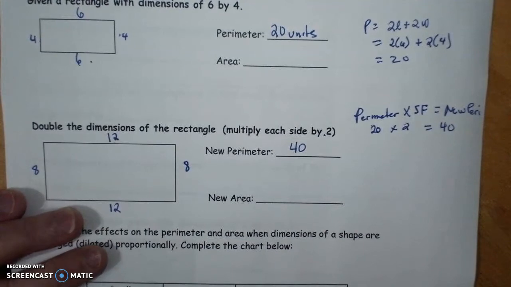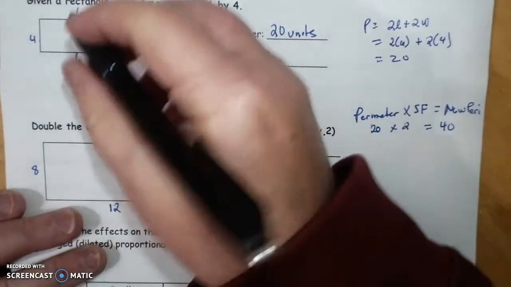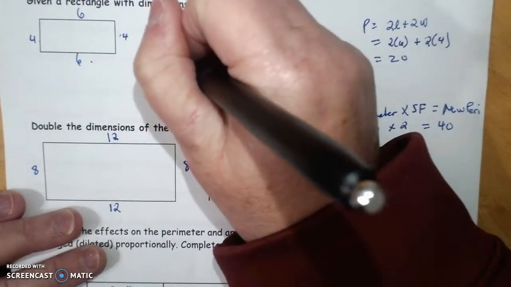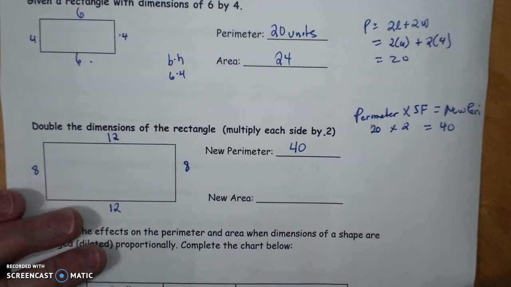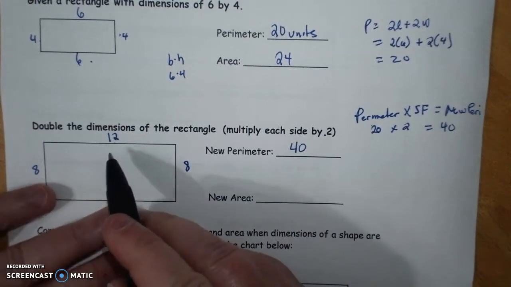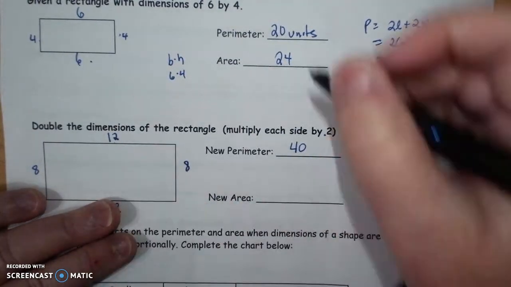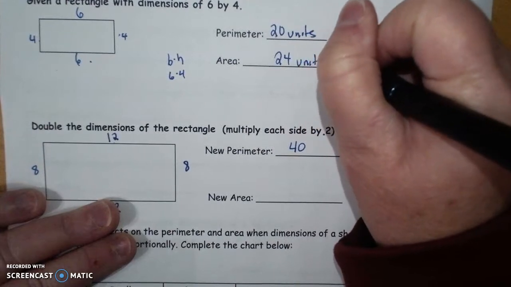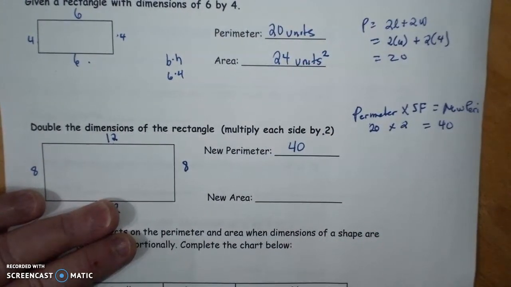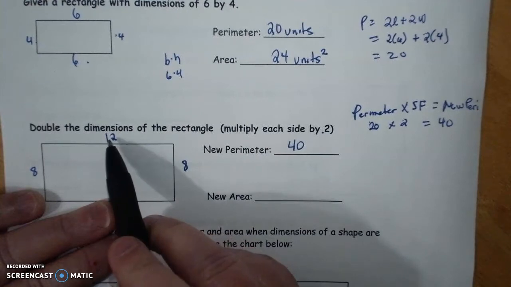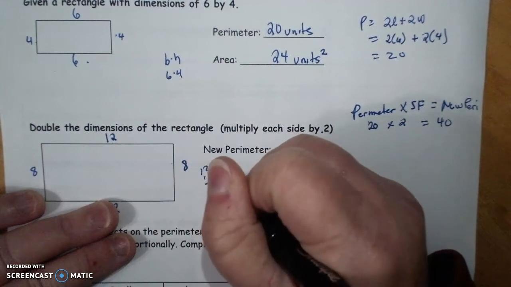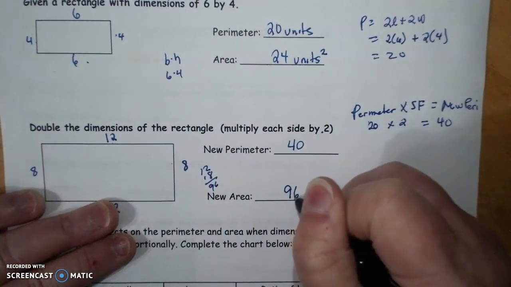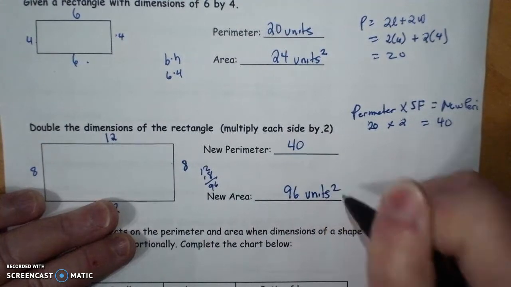Okay, let's do the area. So the area of this is 6 times 4, base times height, which is 24 units squared. For the new rectangle, 12 times 8 is 96 units squared.